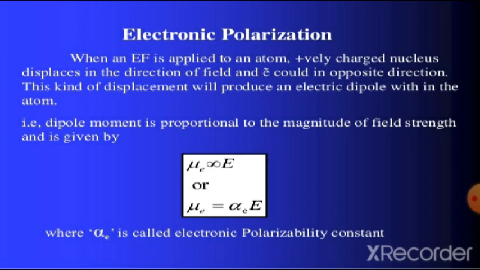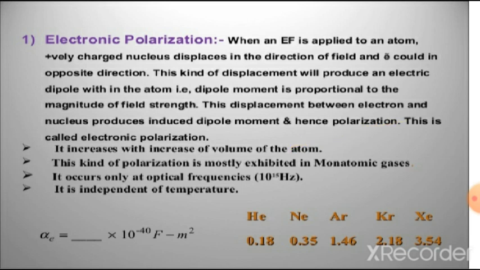That is, the dipole moment is proportional to the magnitude of the field strength and is given by mu suffix e, which is directly proportional to the electric field. Mu suffix e is equal to alpha suffix e into E, where alpha suffix e is called the electronic polarizability constant.